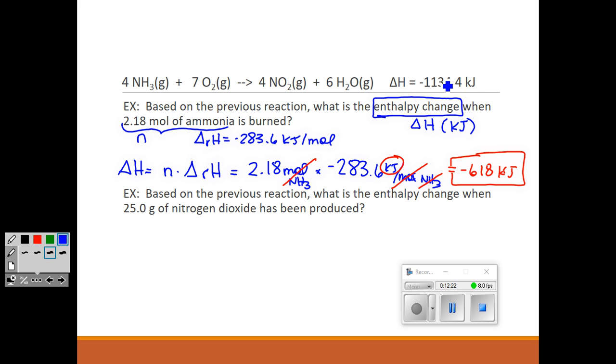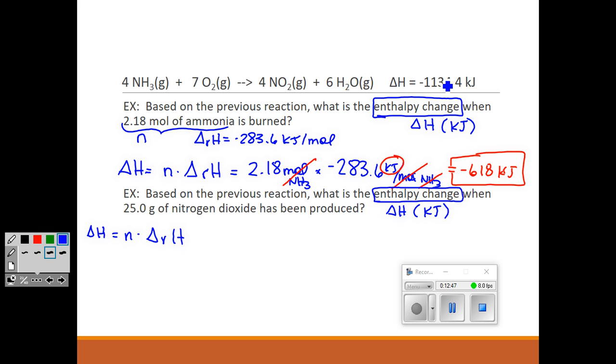Still using the same reaction that we were using before, we're looking for the enthalpy change. So not molar enthalpy, but enthalpy change. That means we're looking for delta H in kilojoules. So I say to myself, you probably want to use this formula. Cool. Do I know all of that information?